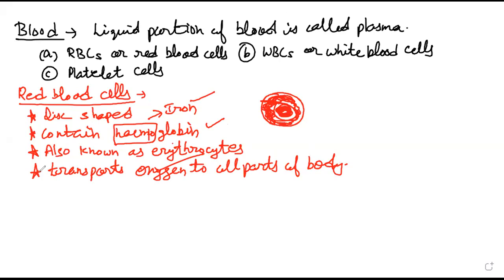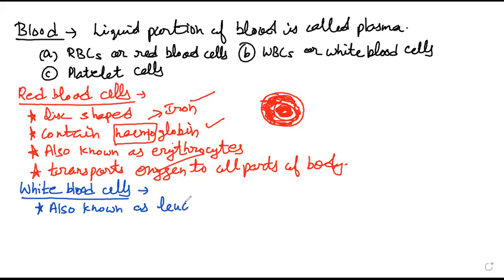Now the next is white blood cells. First of all, they are also known as leukocytes, right? They are fewer in number as compared to RBC.